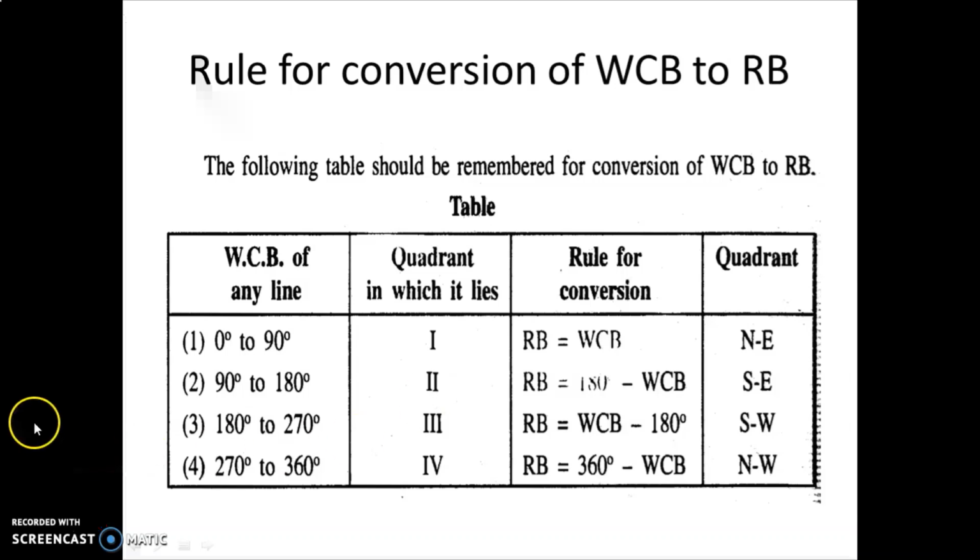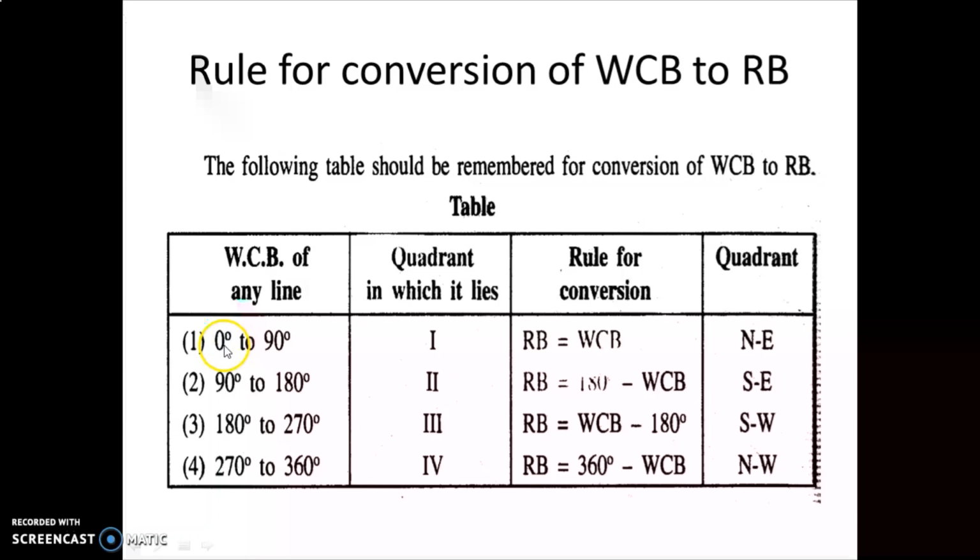Now we will discuss the rule of conversion of WCB to RB. WCB means whole circle bearing and RB is reduced bearing. Here a table is given which is generally used when you have to calculate the RB. You can see WCB of any line is given and the quadrant in which it lies.